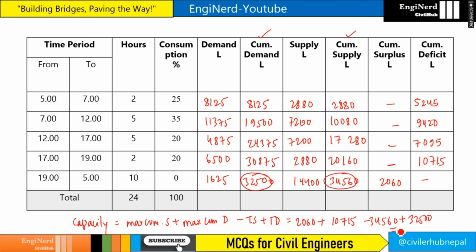If I calculate this, 2060 plus 10715 minus 34560 plus 32500, it will be 10715 liter, right? So in the previous method it was 10715 and here also 10715. So that's the answer. Thank you for watching.